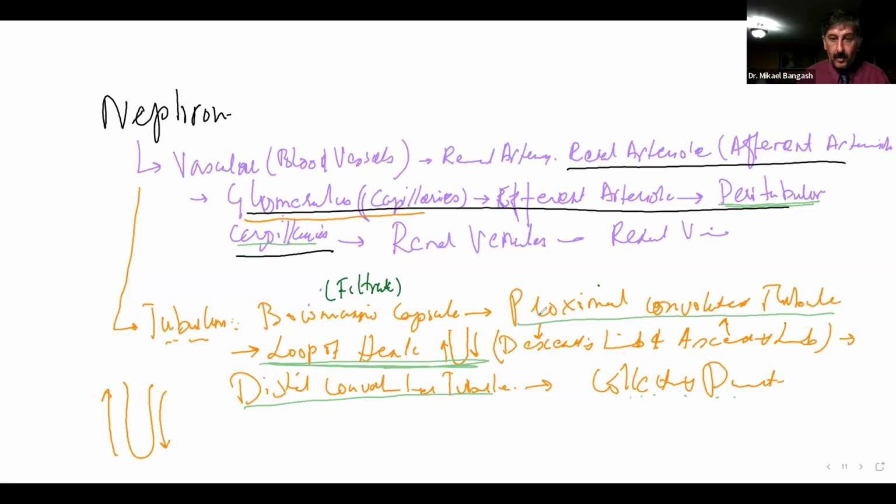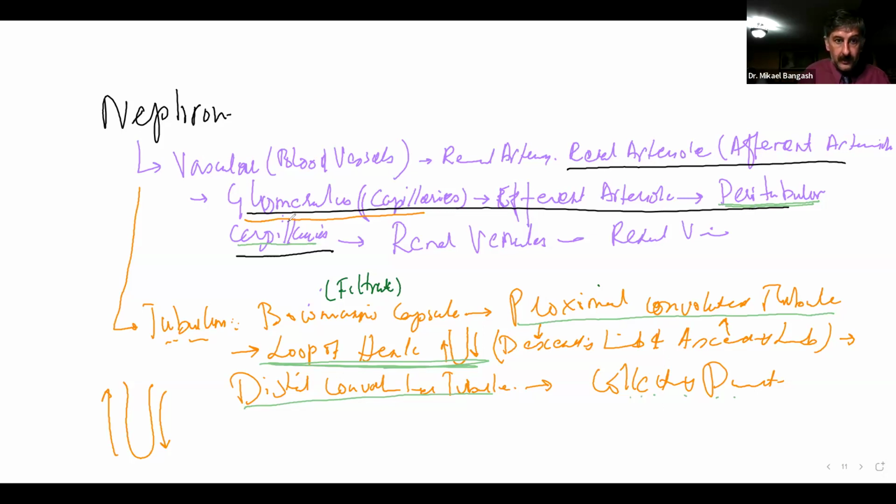And around the proximal convoluted tubule, the loop of Henle, and the distal convoluted tubule, we have that second set of capillaries that we call the peritubular capillaries.